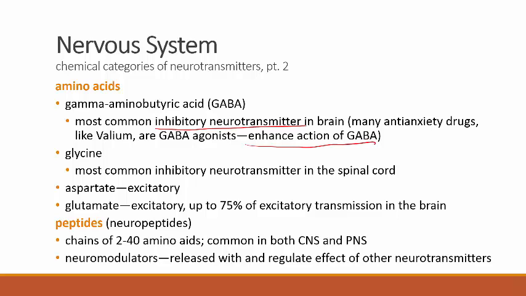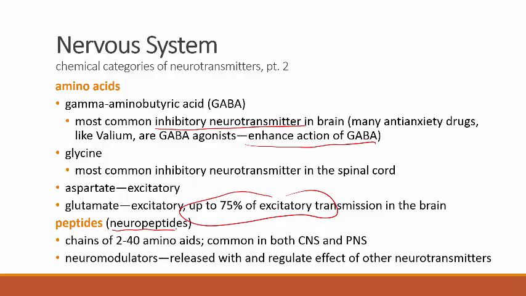Glutamate is responsible for perhaps as much as 75% of the excitatory transmission that we see in the brain. So amino acids play a huge role also as neurotransmitters. They don't just make up proteins, but we use them as neurotransmitters as well. And then little short chains of amino acids, peptides, sometimes called neuropeptides because they're acting in the nervous system.